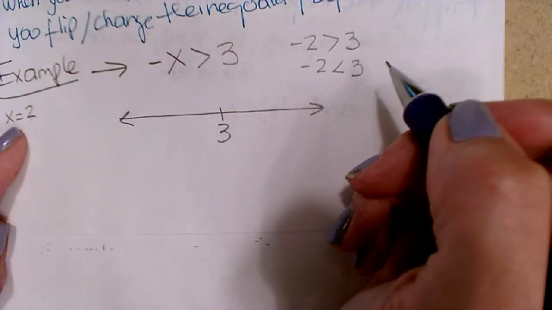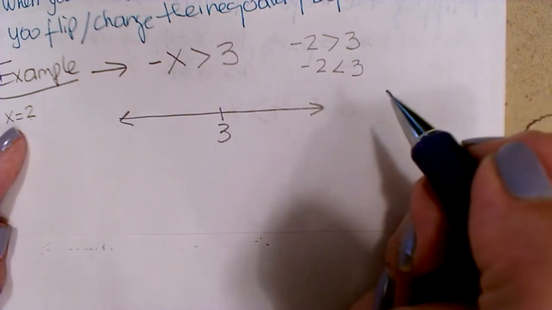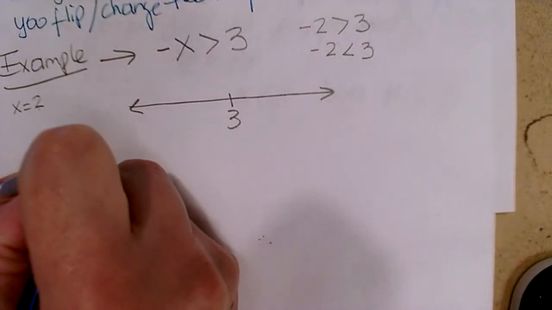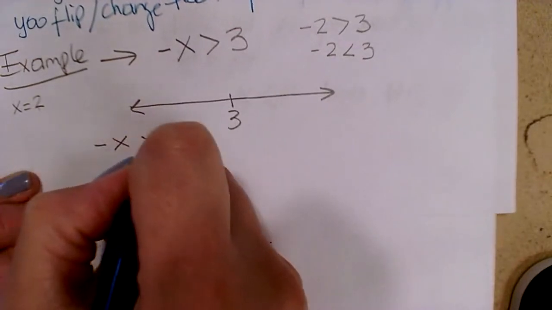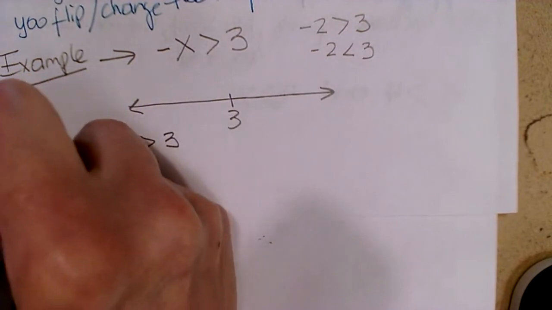This is why when we divide or when we multiply by a negative number, we flip or change the direction of the inequality. Because, for example, and I'm going to give you another number.